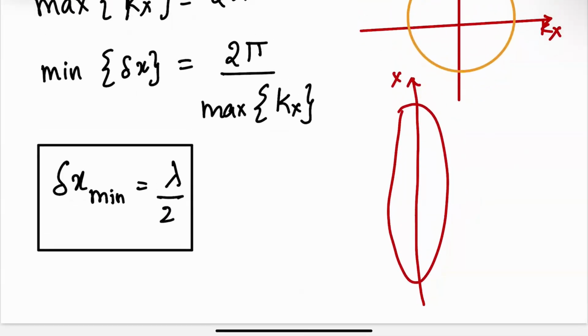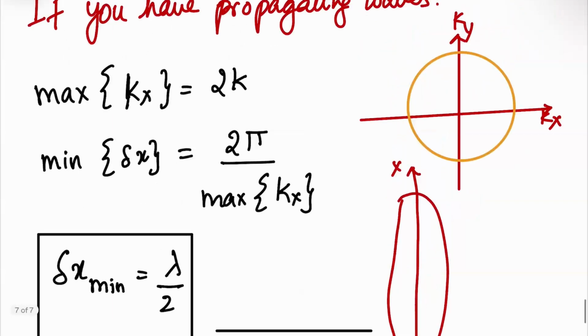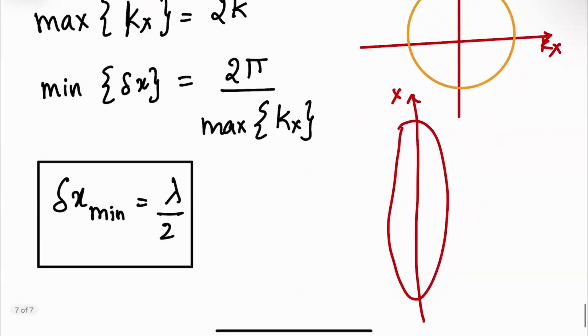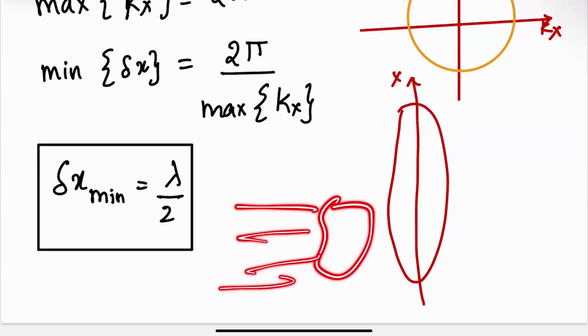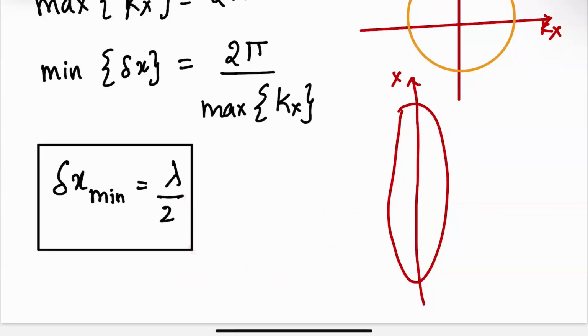This is, of course, assuming you don't have any evanescent spectrum, because if you have an evanescent spectrum, then the maximum k can be larger than that. So only for propagating waves is this true. This is very important because, let's say you want to make a radar system. You have an object, and that object scatters waves, and then you measure all these scattered waves, right? All of these scattered waves carry scattering information of that object.